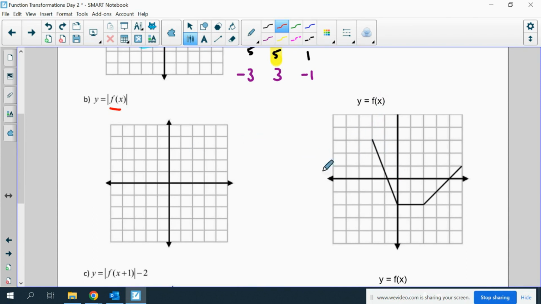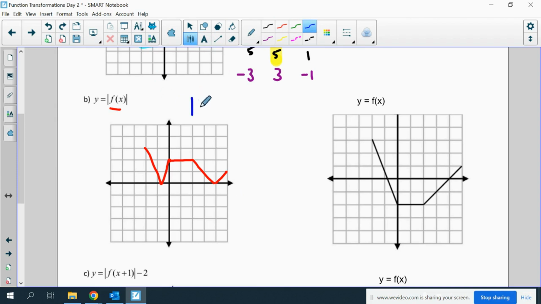And so what's happening is anything that was above the axis stays above the axis, and anything that was below the axis gets mirrored up, kind of like when I have y equals the absolute value of x. Anything that was below the axis gets mirrored up.